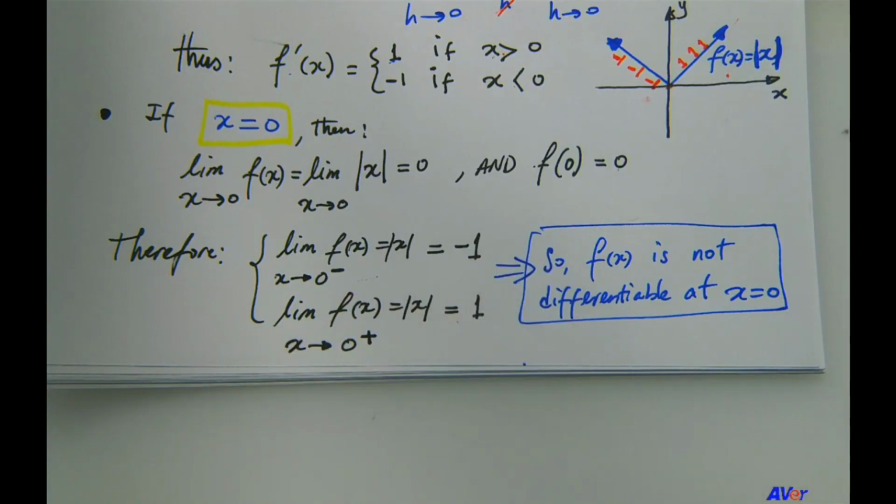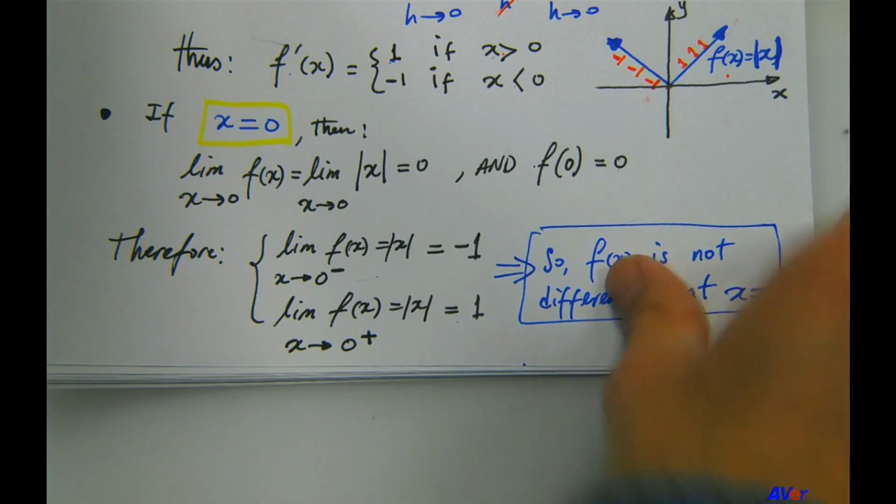So if a function is differentiable at some point, then the limits from both sides exist and they're equal to each other.